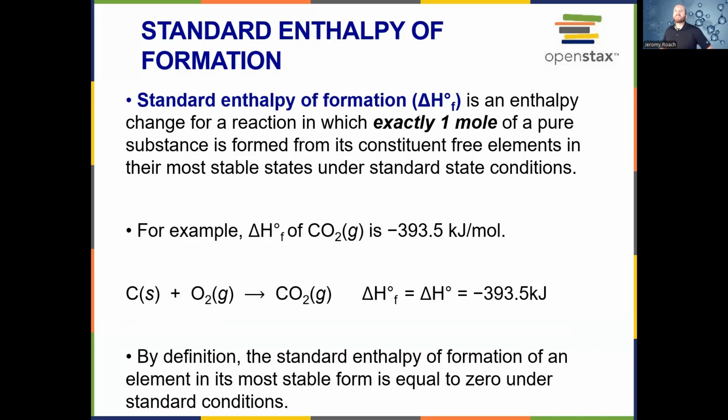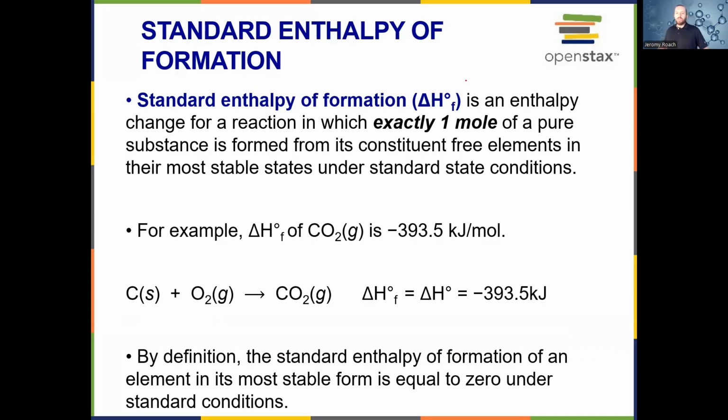Let me see if there's an example. Yeah. So the standard enthalpy of formation of carbon dioxide gas is negative 393.5 kilojoules per mole. You can look that up in your book, and that's what that value is going to be.